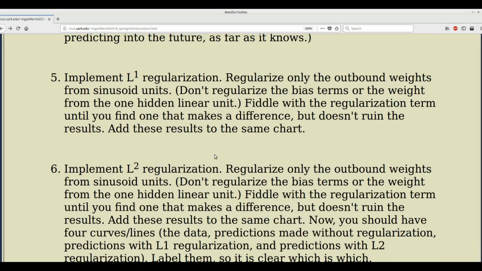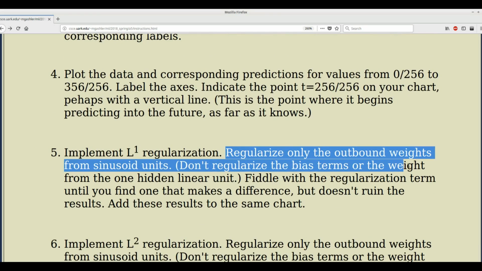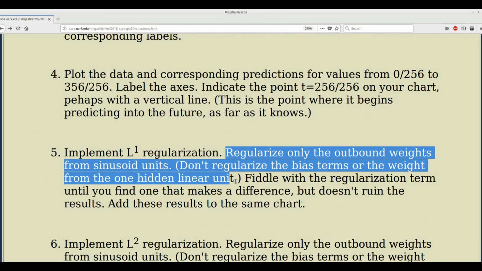Having said that, I did make one slight little change here. See how it says regularize only the outbound weights from the sinusoids, don't regularize the bias terms or the weights from the one hidden linear unit. If you started before I changed this sentence, I try not to change my instructions, but this one needed a little adjustment. Yeah.